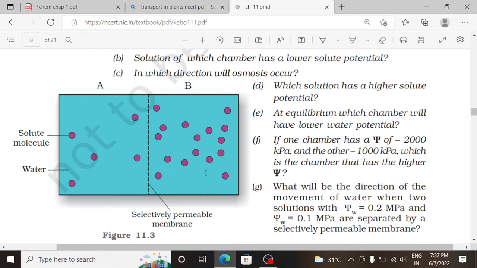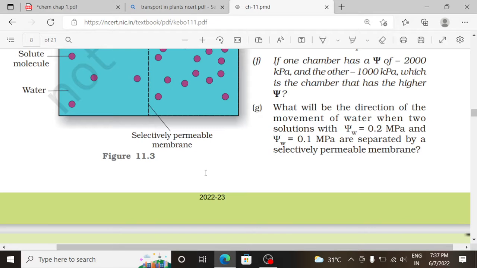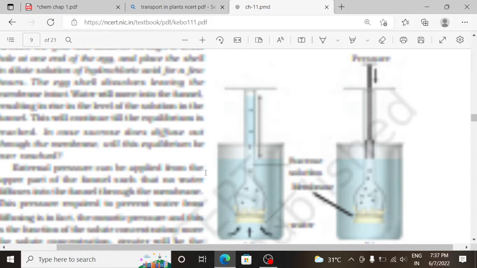Sixth, if one chamber has a psi of 2000 kilopascals and other has 1000 kilopascals, which is the chamber that has the higher psi? What will be the direction of movement of water when two solutions with psi W equal to 0.2 megapascal and psi W equal to 0.1 megapascal are separated by selectively permeable membrane?